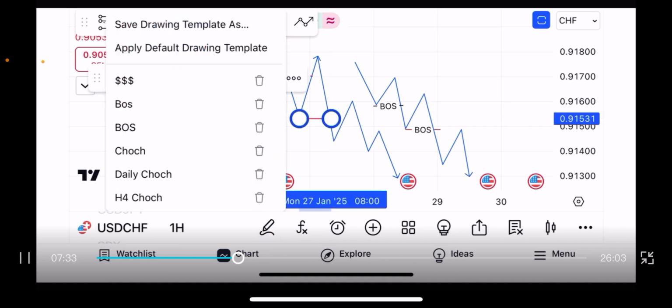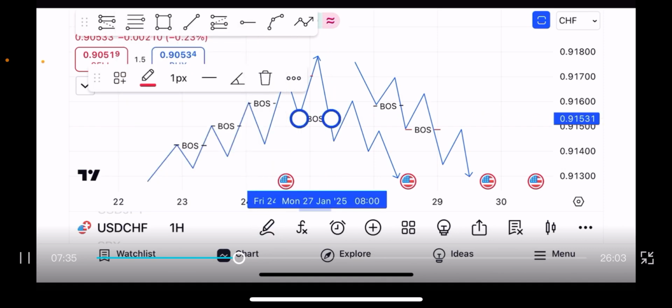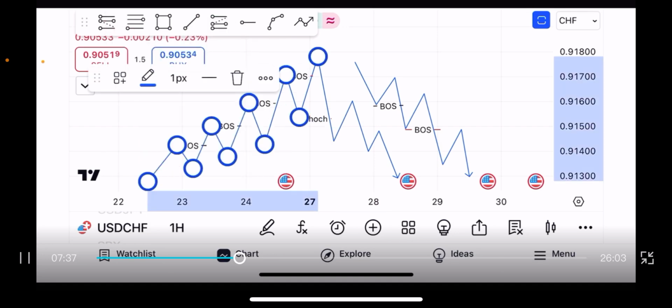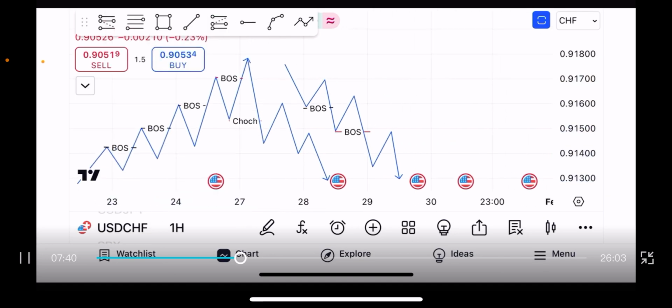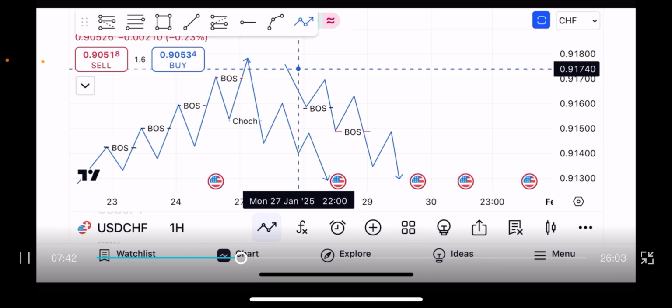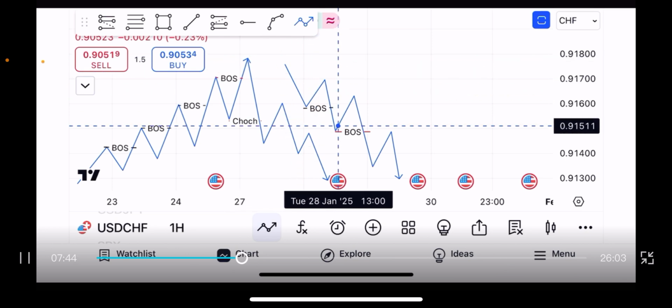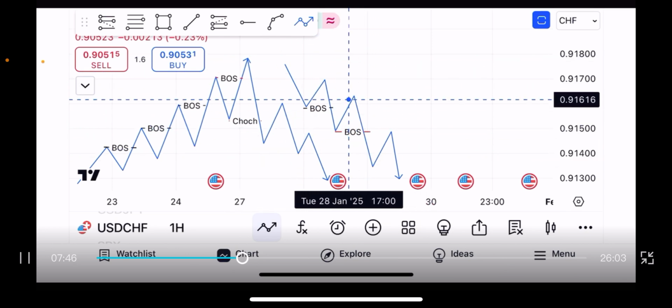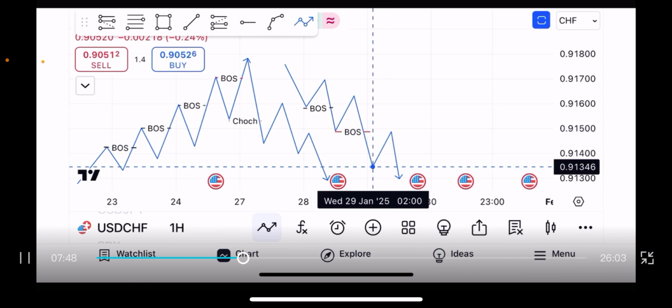We call it the change of structure. Now the same thing for a downtrend. If the market is pushing down, lower low, lower high, lower low. Now this high is protected, this low, sorry, got taken out.